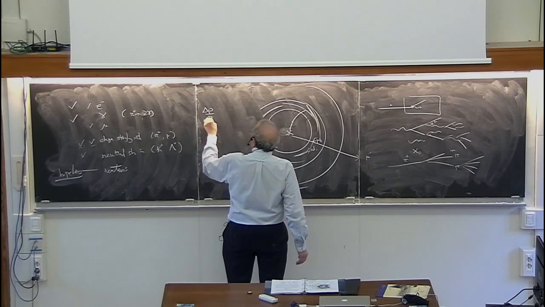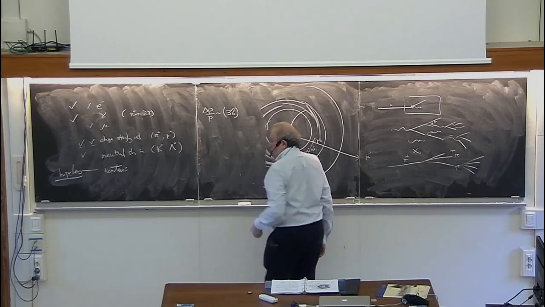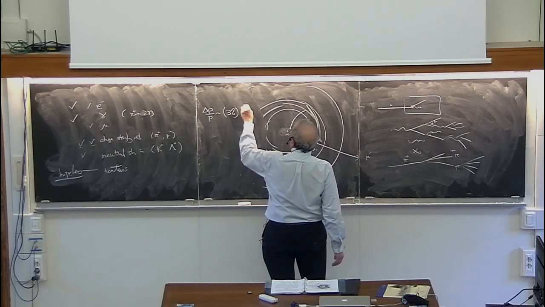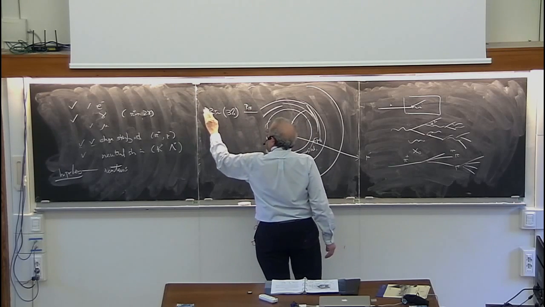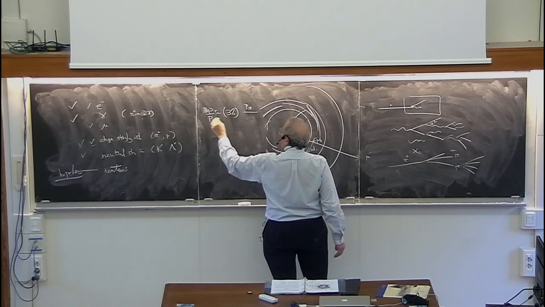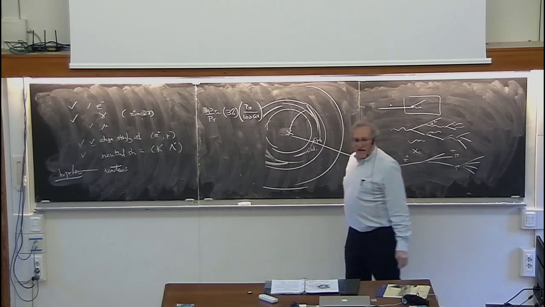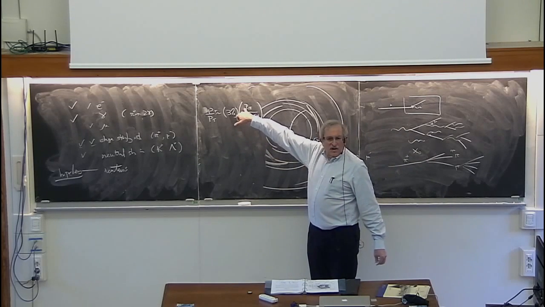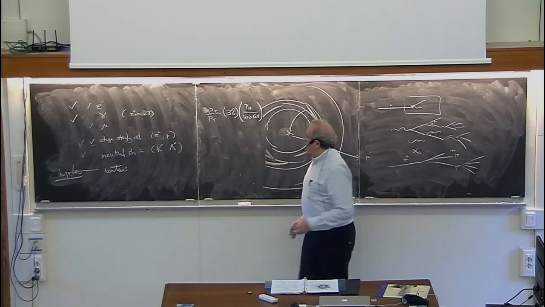Delta P over P from tracking is the most precise. I think a kind of canonical number would be something like 3% for a 100 GeV particle. But then that's the dependence, so it degrades as the momentum gets large. Essentially, the track is stiff and you can't measure its curvature.